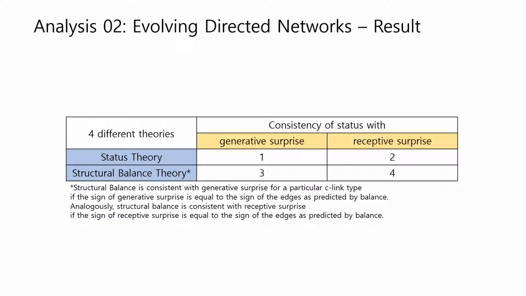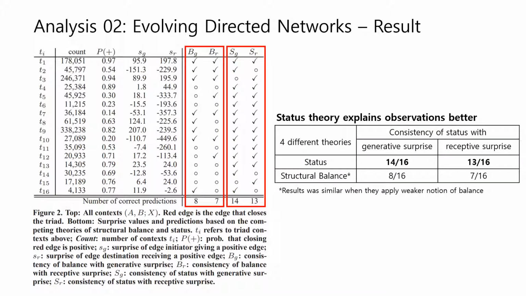Theories are listed above. The result shows that status theory explains observations better than structural balance theory does, where status theory is consistent with generative and receptive surprise for a much larger number of types of the total 16 types.